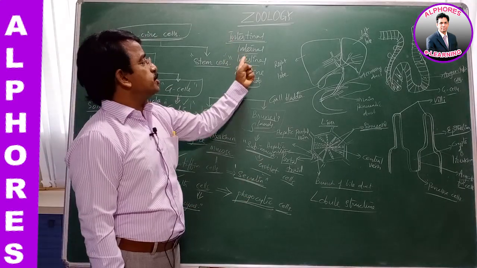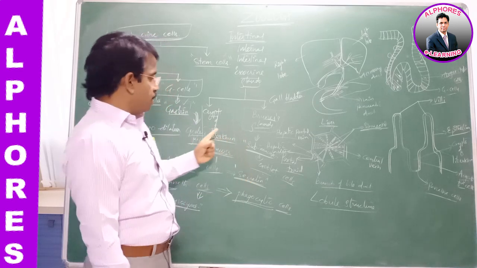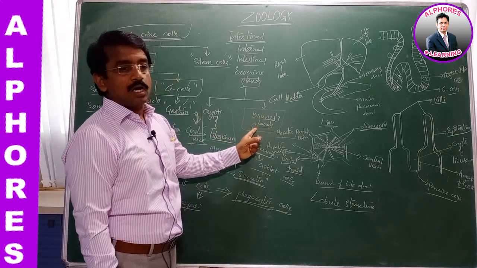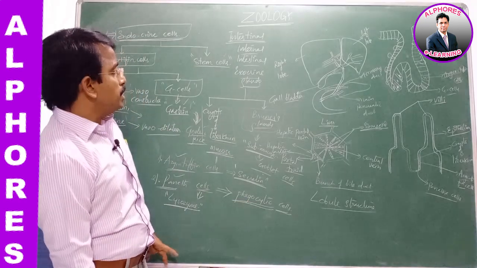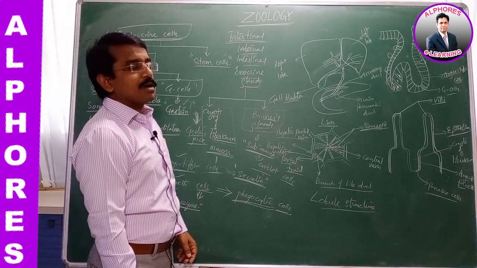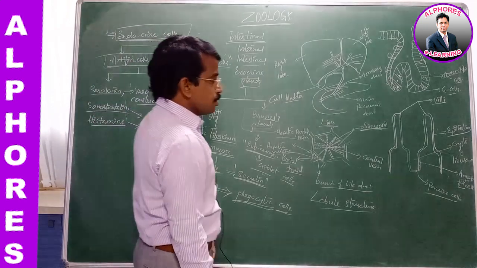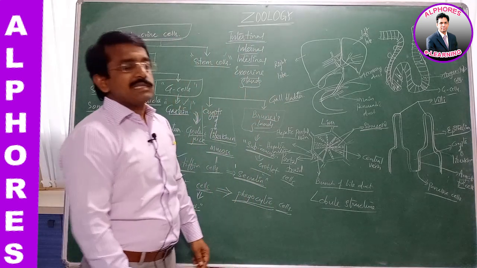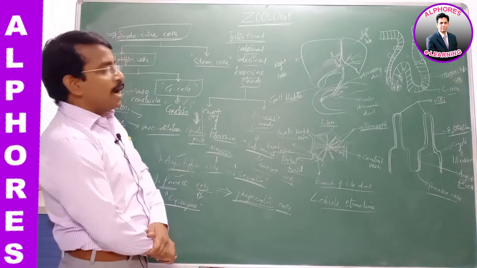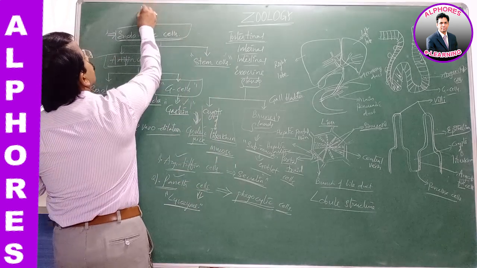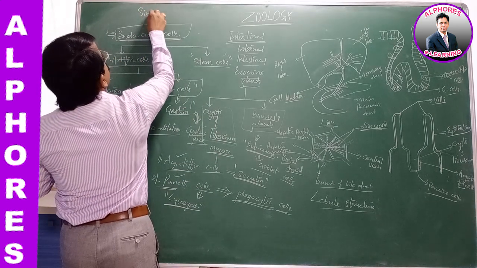These are the intestinal glands, which are considered to be the crypts of Lieberkühn and Brunner's glands. Basically, these are said to be simple tubular. Simple tubular, the reason being that the secretory part and the duct are unbranched.